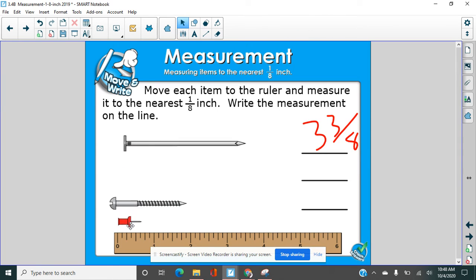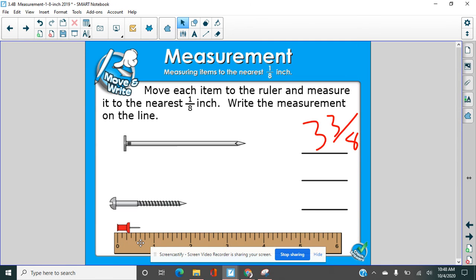All right, I'm going to have you help me here for the next one. How about right here? Is this where I should put the pin? No, right? Look, this ruler doesn't end at 0. Some rulers do, but this one doesn't. I need to move it up so that the edge is right on the 0 there. All right, so let's see. 1/8, 2/8, 3/8, 4/8.